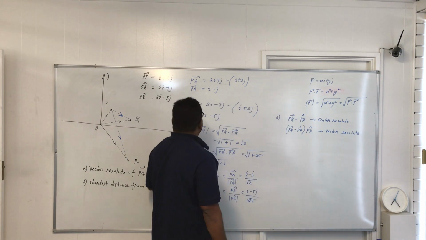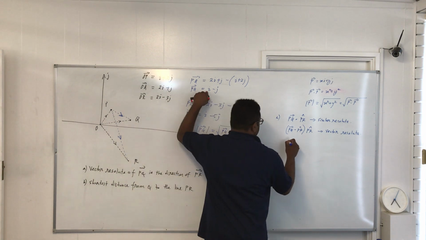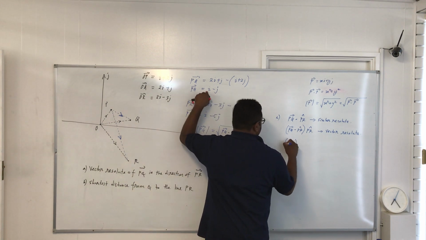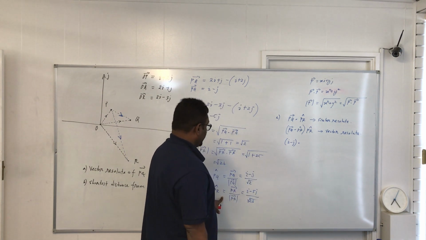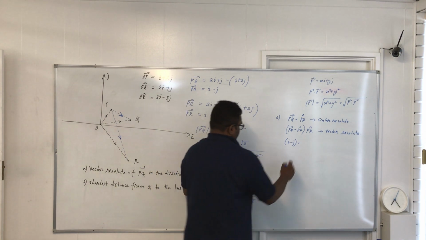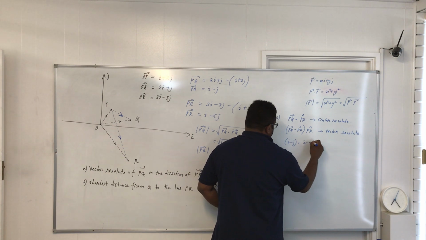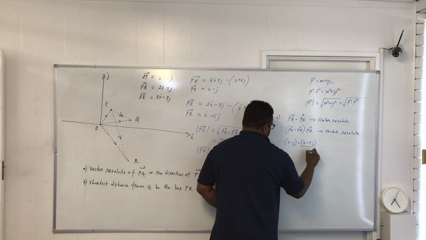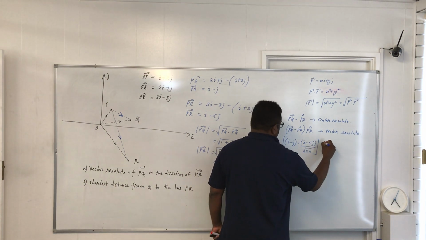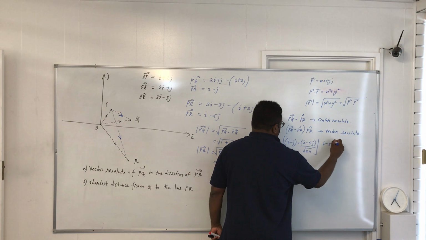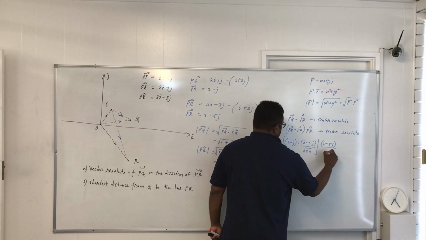Right? So PQ vector you know already, it's i minus j, dotted with PR hat, that would be i minus 5j divided by the square root of 26. Then outside you have i minus 5j over the square root of 26.